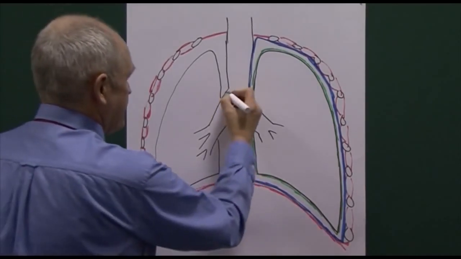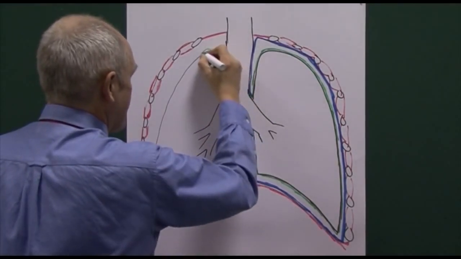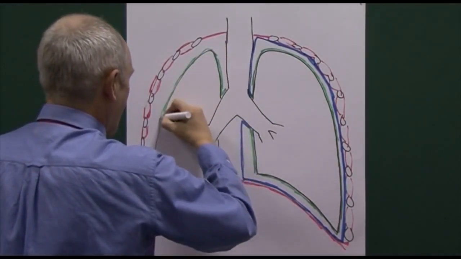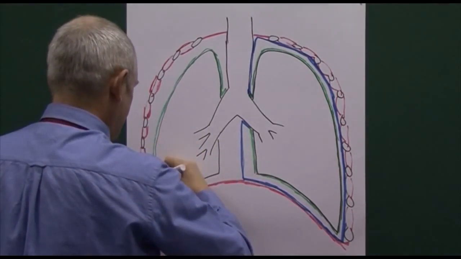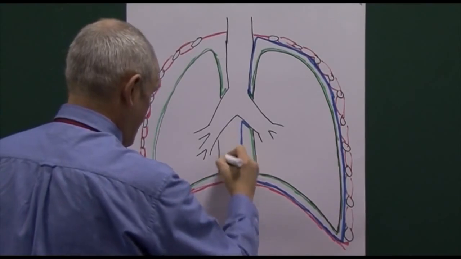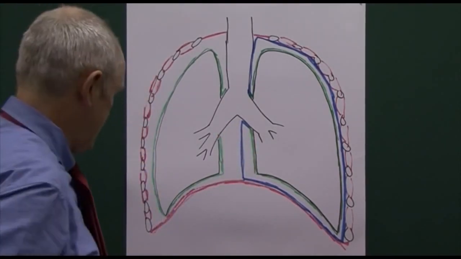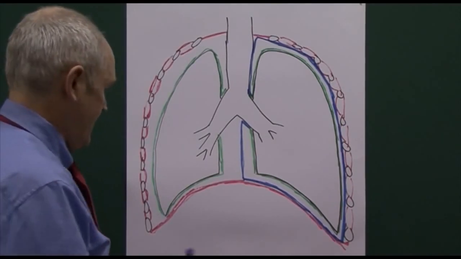And it's the same on this side. So there's a visceral pleural membrane here. And this is continuous with the parietal pleural membrane here.